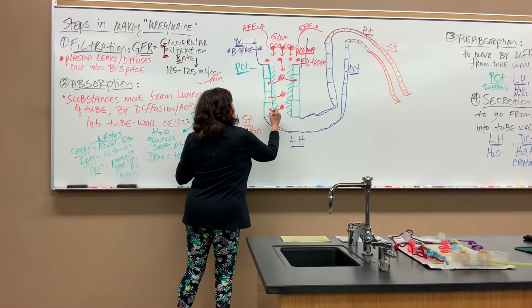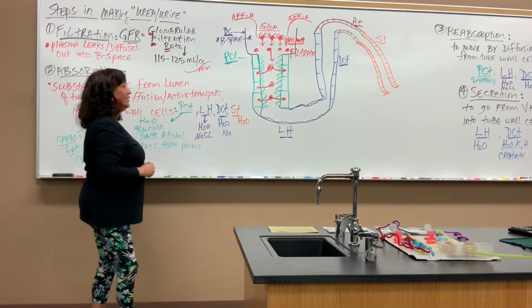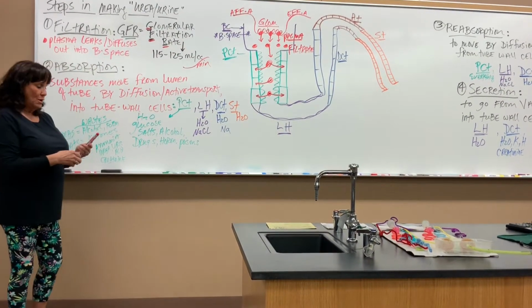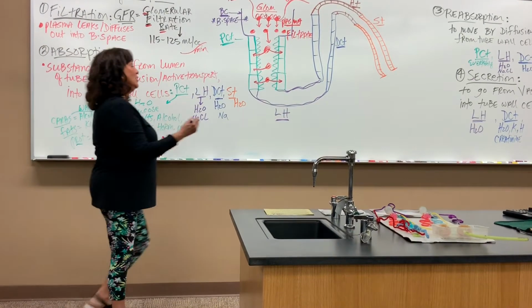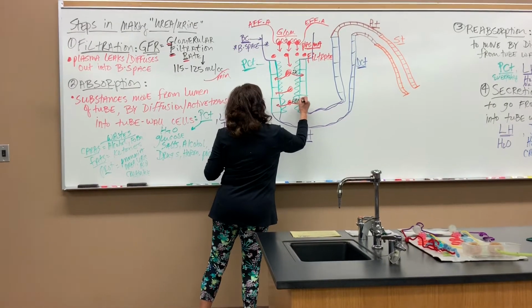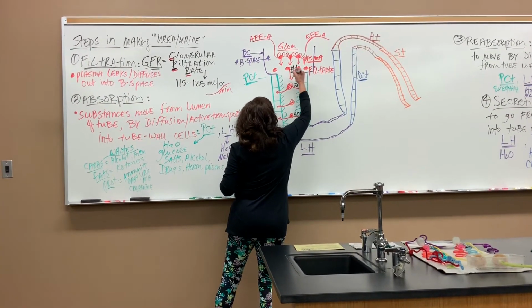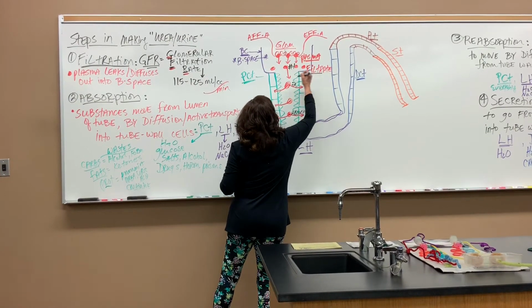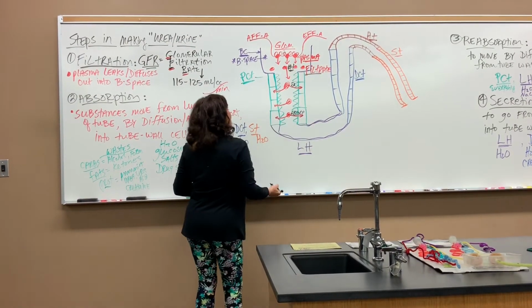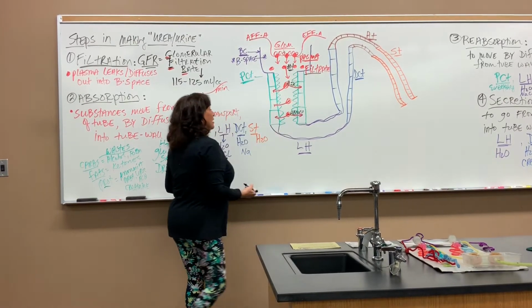And so that is step number 2 called absorption. So this is 2, which is absorb, right there. This is step number 1, filtration, up there. And this is step number 2. It's going to happen right here.